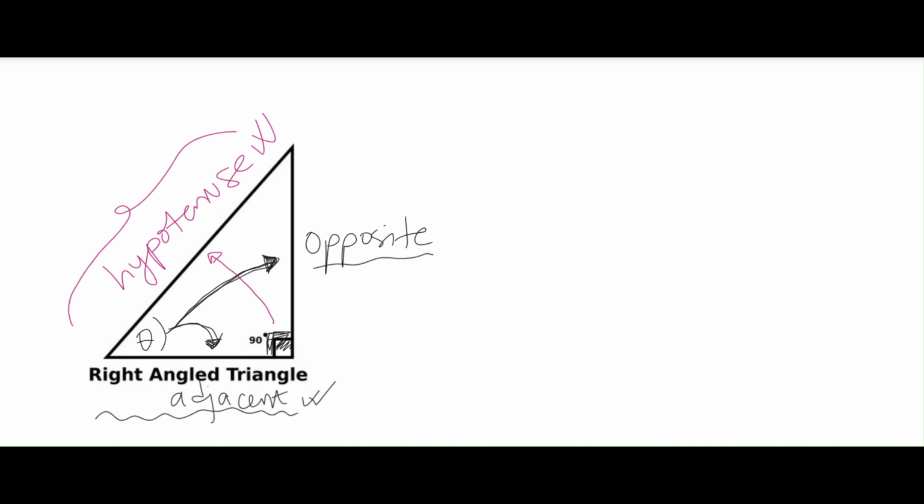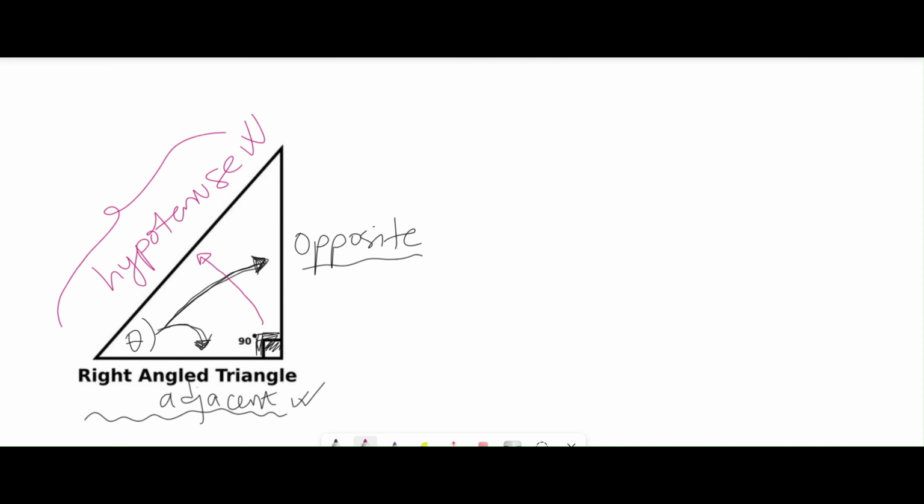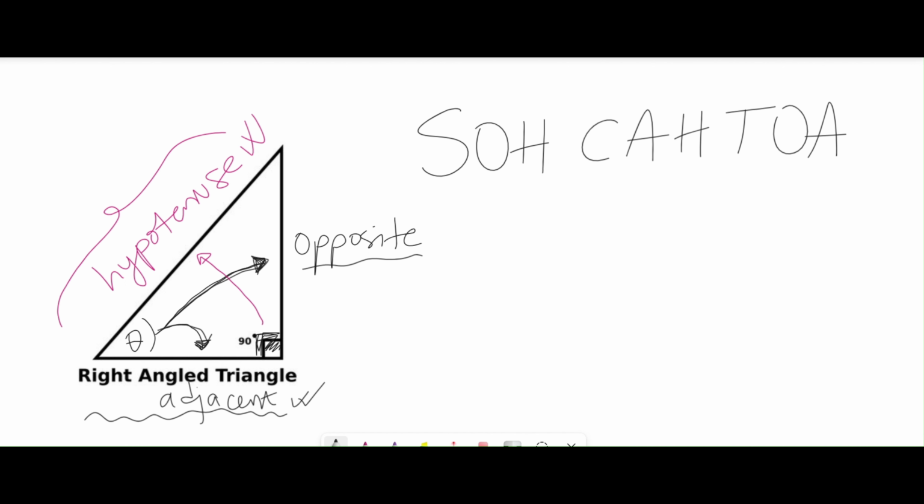Now, in order to find the sine value, cosine, or tangent value, it's very important that we know this. So, SOHCAHTOA. Basically, SOHCAHTOA solves everything for us. Let's start with SOHCAHTOA. So, S stands for sine, right?